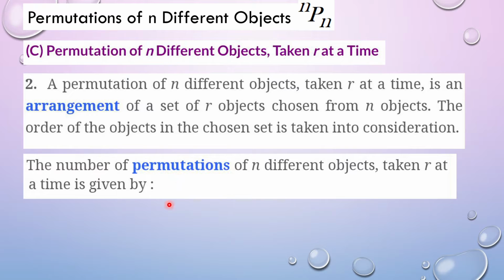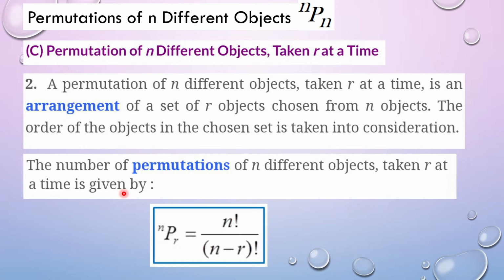The number of permutations of n different objects taken r at a time is given by this formula. Now remember, going back to the previous lesson, permutation of n different objects, the formula is nPn. You have n, you arrange all n. Now you have n, but you only arrange r at a time.